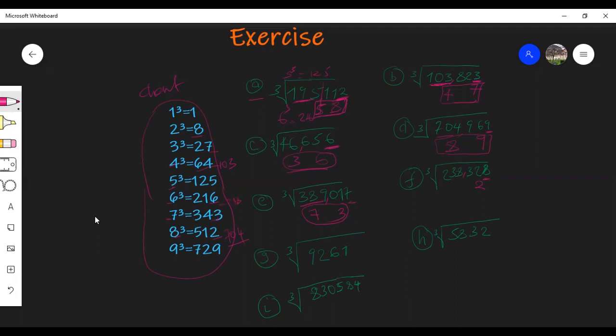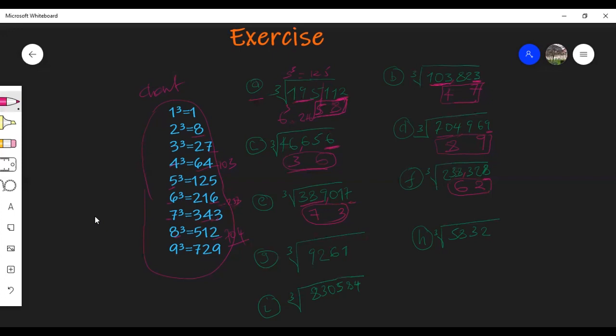And you know that it's not yet 7 to give you 343, but it is more than 216. So you take 6. So the cube root of 238,328 is 62.